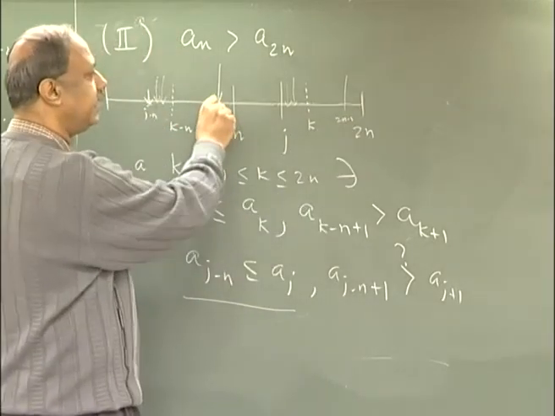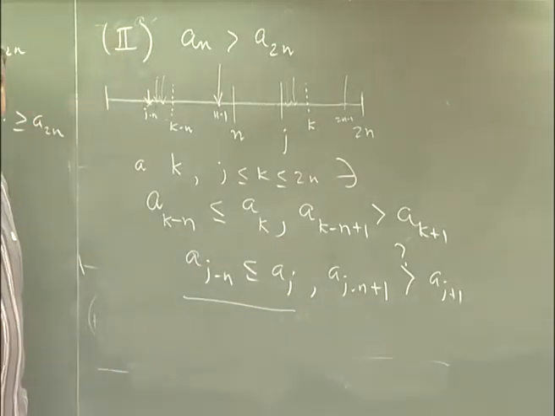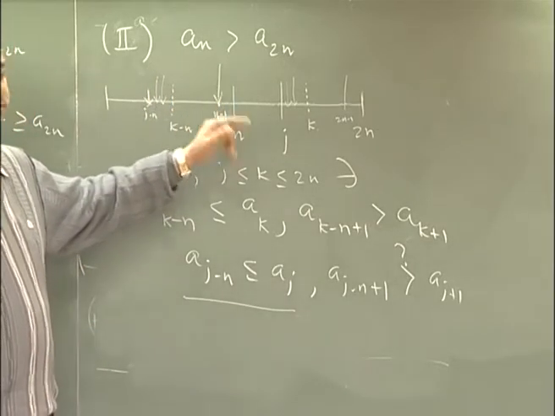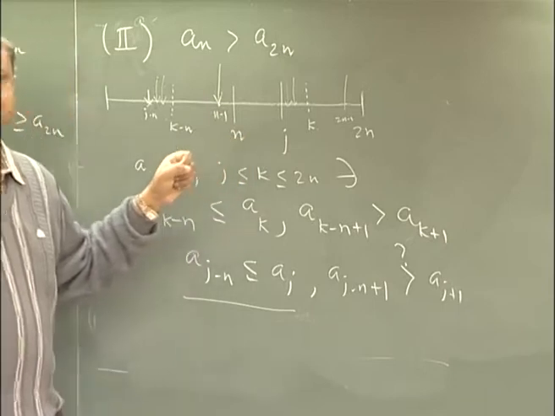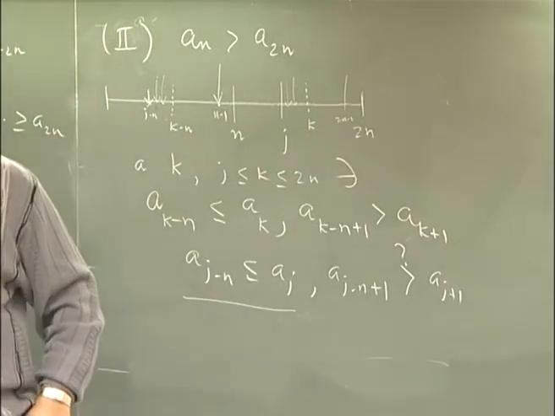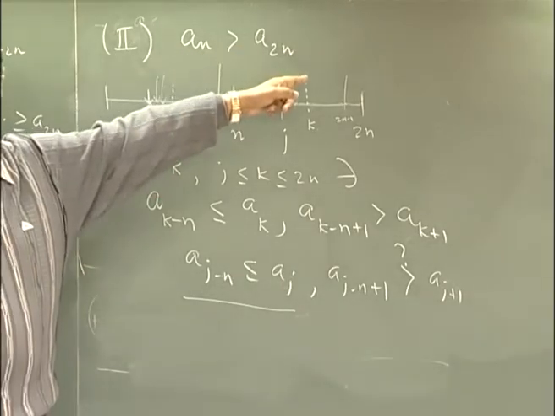So this element is less than or equal to this element, because you are going one by one. So you got the last case, an minus 1 is less than or equal to a2n minus 1. But from the assumption an is greater than a2n.